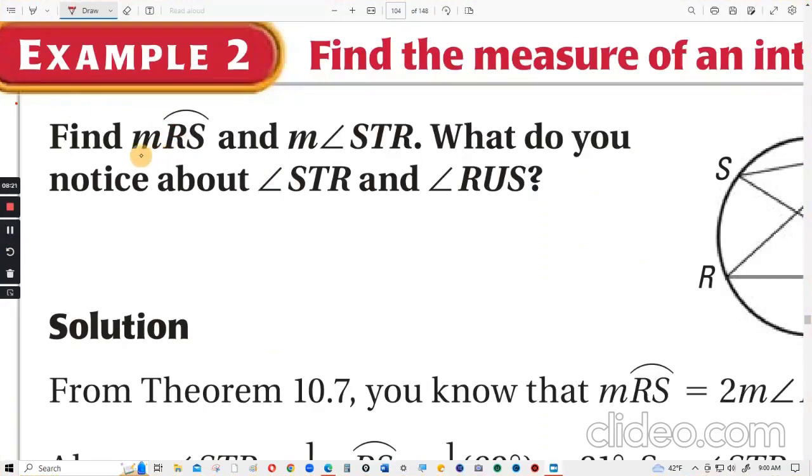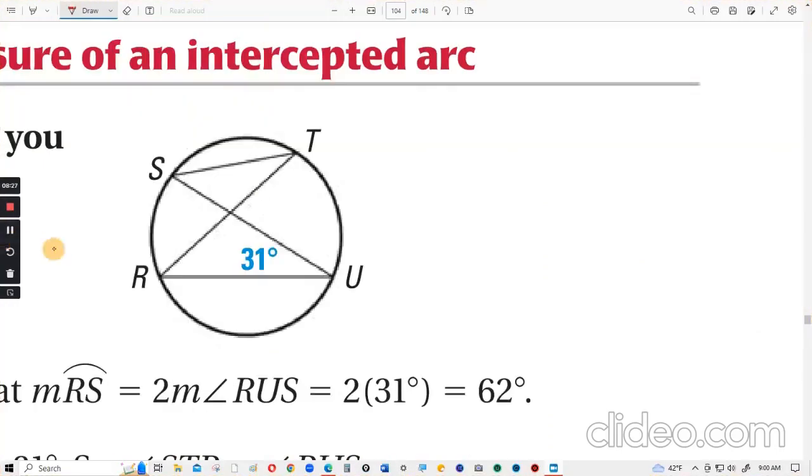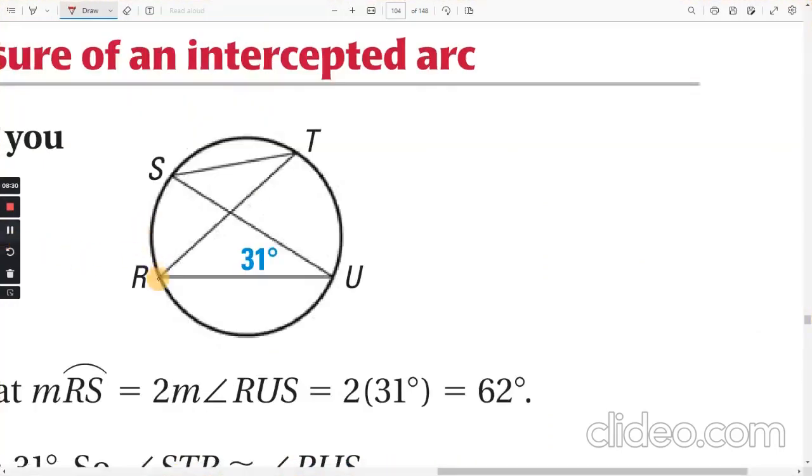Example 2, find the measure of arc RS and the measure of angle STR. Arc RS goes from point R to point S along the arc, like so. We see the angle right here that intercepts the arc.